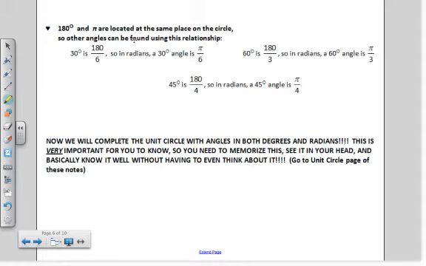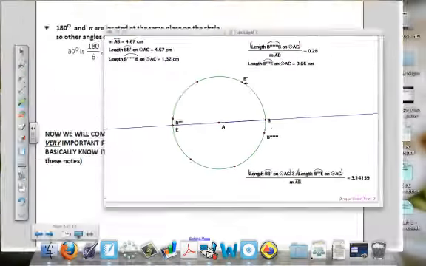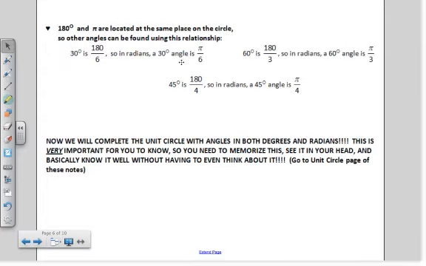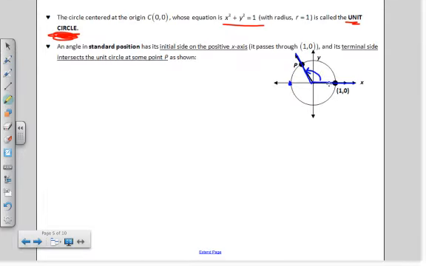All right, so 180 and pi are located at the same place in the circle, as you could tell from our drawings. This is pi, and that's 180 degrees, so pi and 180 degrees are in the same spot. What we know from geometry is that this is 180 degrees, and what we now know is it's also pi.